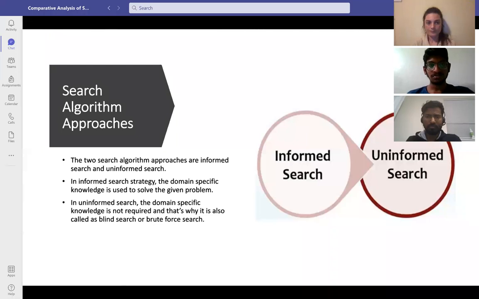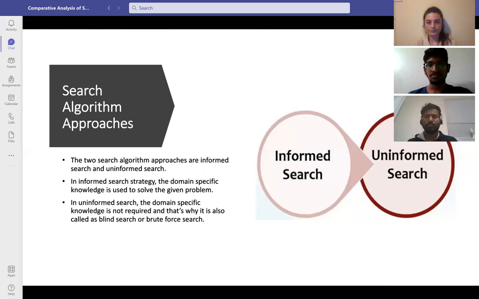So these are the two approaches that we are following, informed search and uninformed search. In uninformed search, we don't have the knowledge, and a proper direction is not defined, so it is called blind search or brute force search. In informed search, we have a fair idea of how to achieve the goal and knowledge about the goal state, so it is more efficient compared to uninformed search.